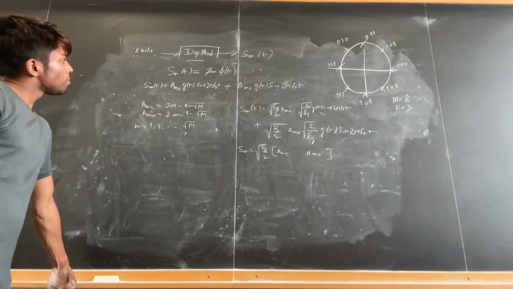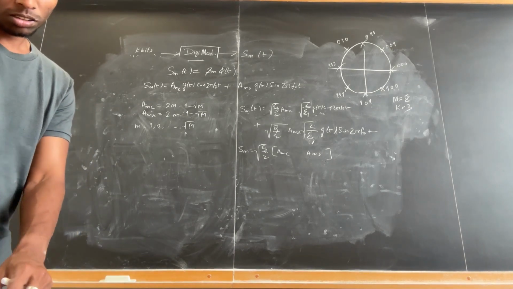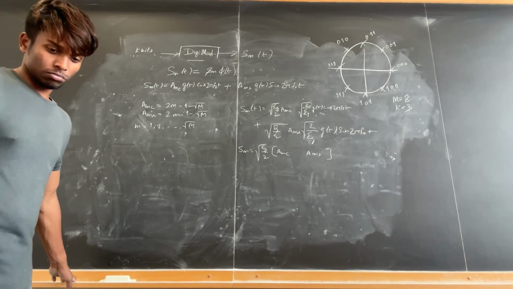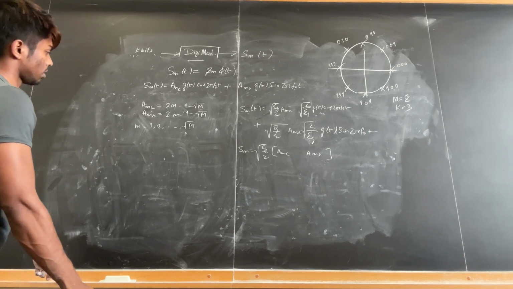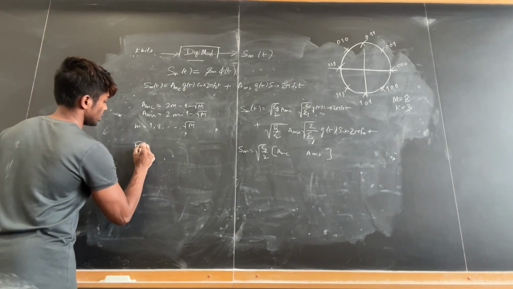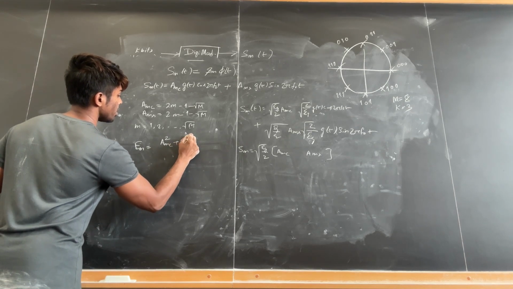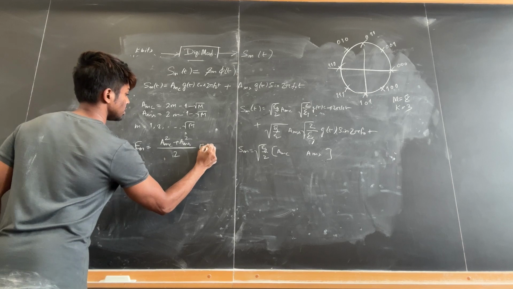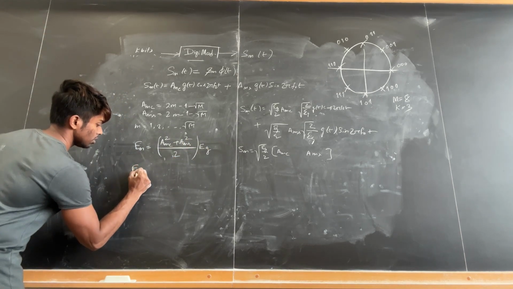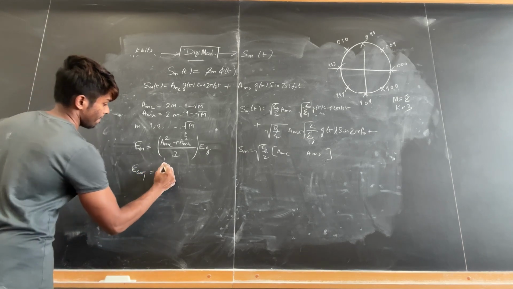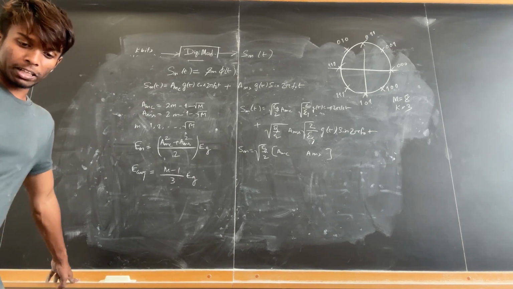So that's the idea of quadrature amplitude modulation. And in quadrature amplitude modulation, the energy, okay, I forgot that, the energy of the signal symbol Em is equal to Amc square plus Ams square by 2 times Eg. And the average energy of the entire signal shall be m minus 1 by 3 Eg, something like that.